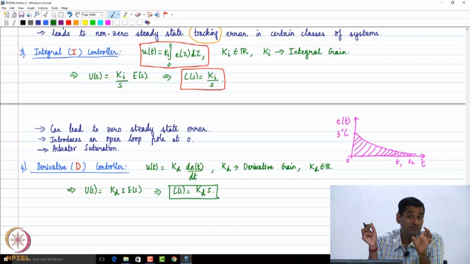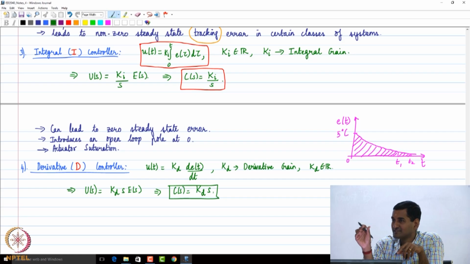If you look at the derivative controller as a block itself, as C(s) in your block diagram, as a standalone transfer function in its own right, you see that Kd s is not a proper transfer function.